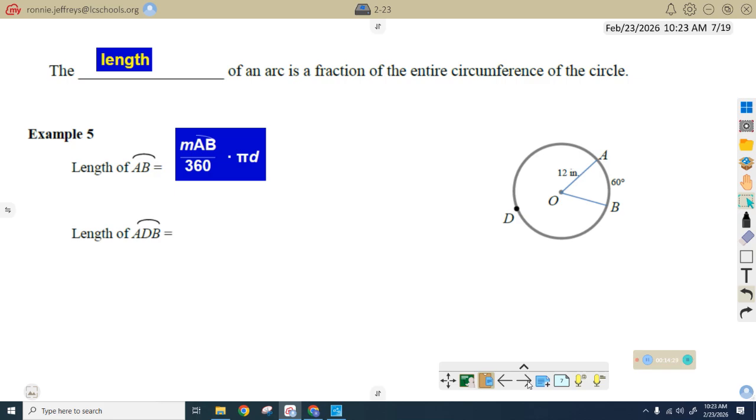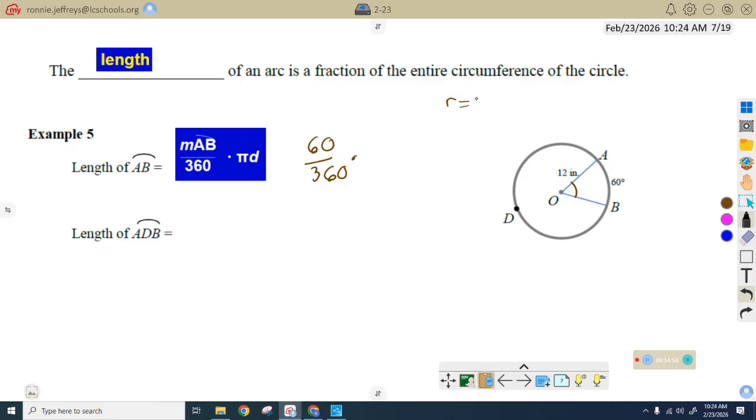The length of an arc is a fraction of the circumference. So, measure of AB, well, that's this, which would be 60 over 360 times, all right, we need the diameter.